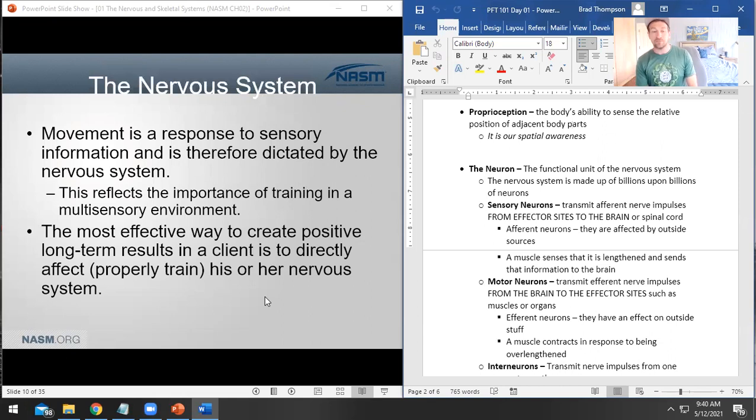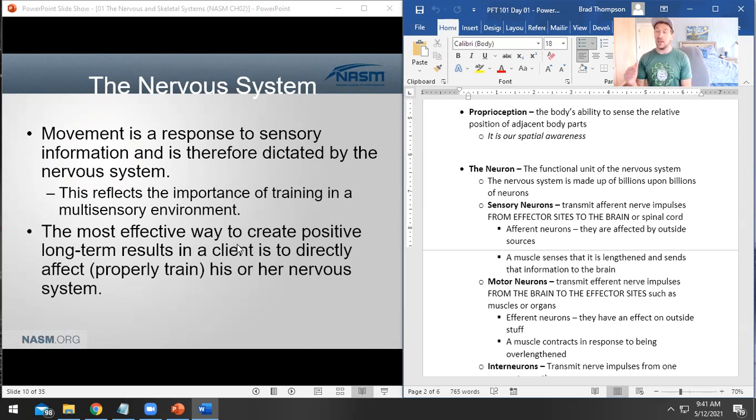So all movement, all human movement, which is what we're really here to talk about, is a response to sensory information. So it's all under the control of your nervous system. Your brain is getting information coming in, and it is then interpreting that information in order to execute the appropriate responses. This is one of the reasons why it's very important for us as trainers to train our clients, and us as people who are also just exercising regularly.